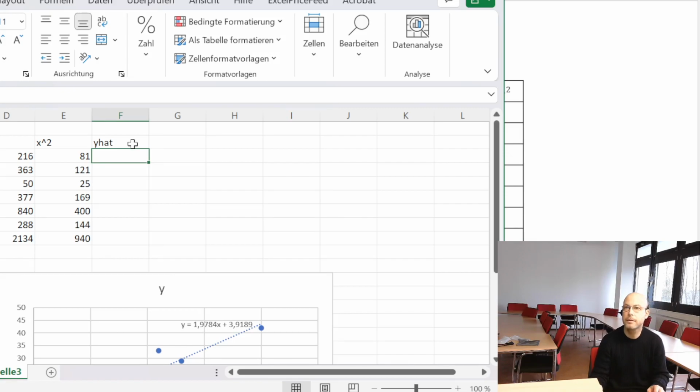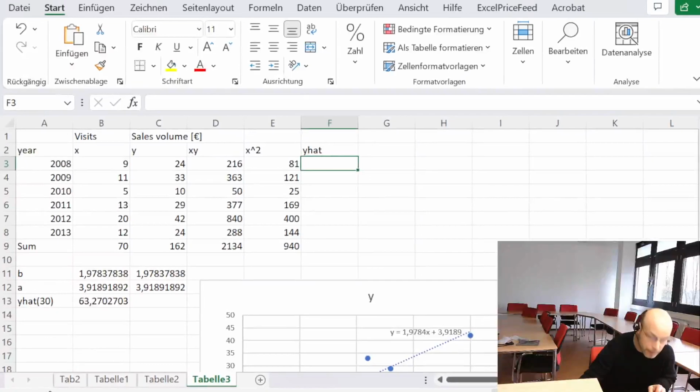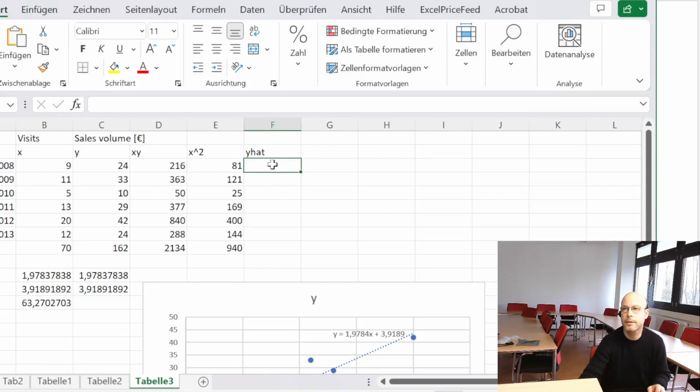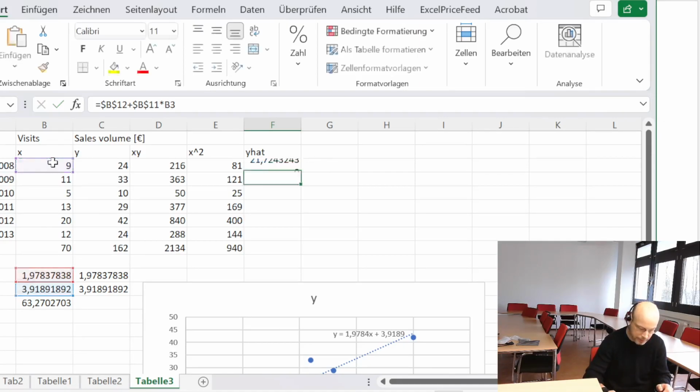And y hat is, of course, equal to a plus b times our number of visits, 9.